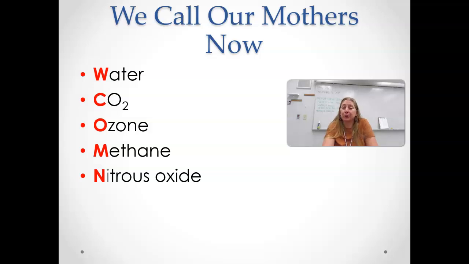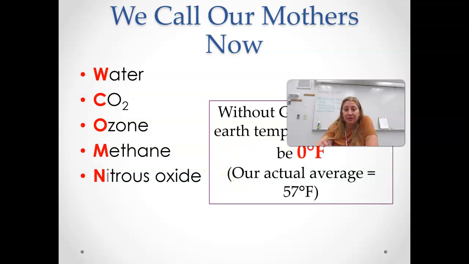So this bad ozone, or tropospheric ozone, is an air pollutant and a greenhouse gas, which means it traps heat. So anyway, those are some examples of greenhouse gases.